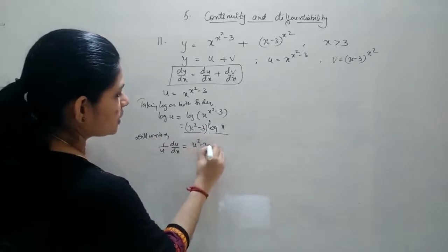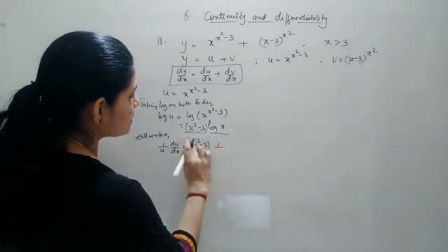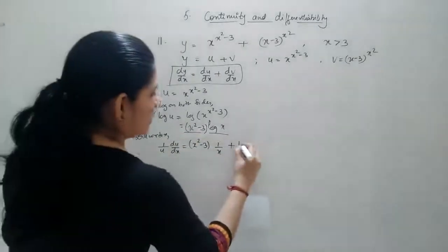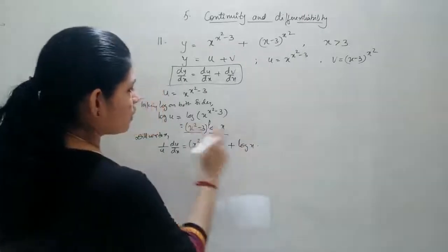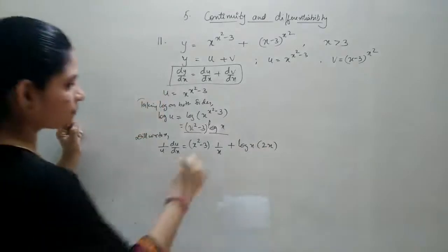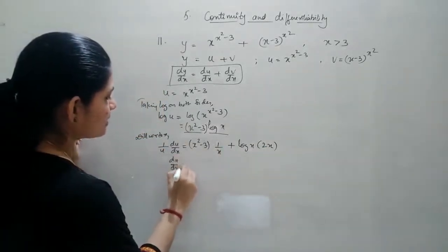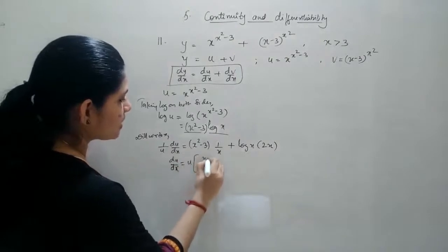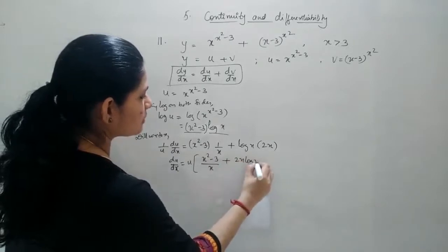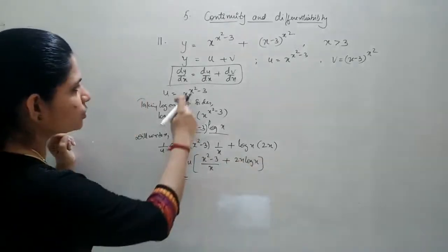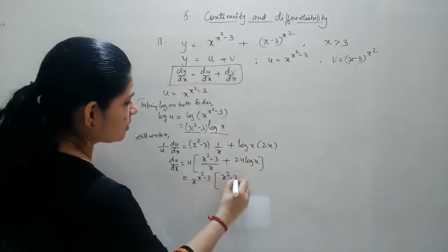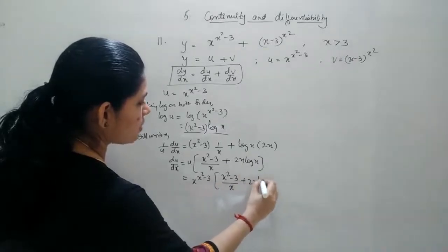So first function into derivative of second will give you 1 by x, derivative of log x, plus log x into derivative of x square minus 3 will give you 2x minus 0. Okay, so du by dx is u into x square minus 3 by x plus 2x log x. Replace the value of u, which is x raised to x square minus 3 into x square minus 3 by x plus 2x log x.